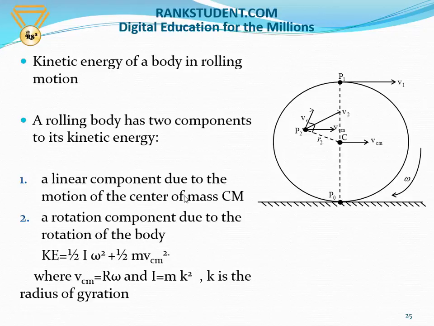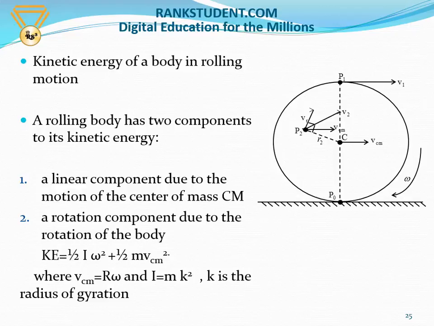The kinetic energy of a body in rolling motion. A rolling body has two components to its kinetic energy. First, a linear component due to the motion of the center of mass Cm. Then there is a rotational component due to the rotation of the body.